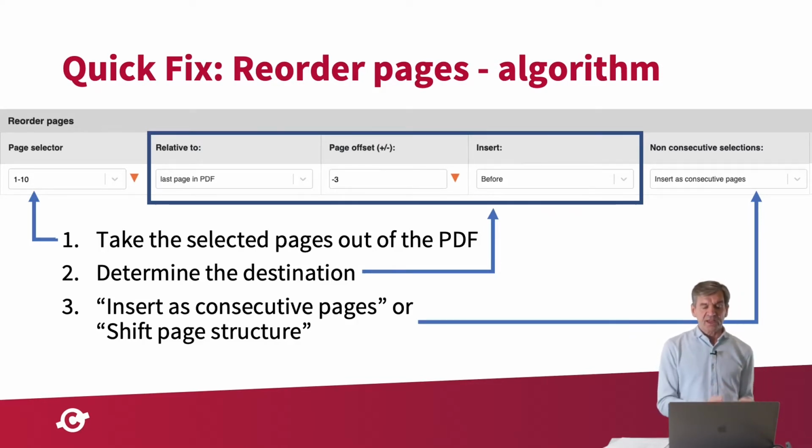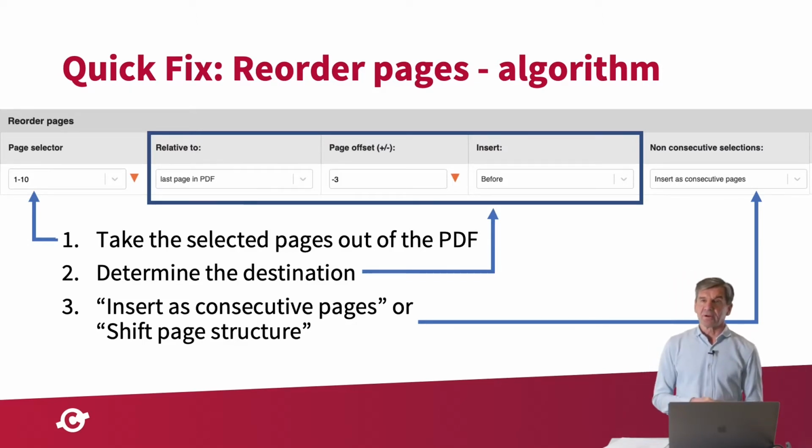From that page you have an offset, so you can go 3 pages to the first page or 3 pages to the last page, or whatsoever. Any negative or positive number can go here. Then you have now selected a page, and before or after that page is the destination for your selected pages.